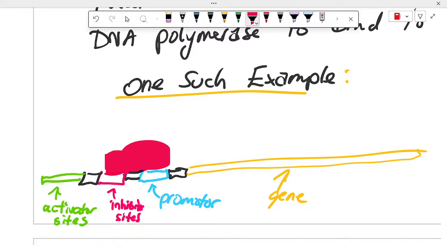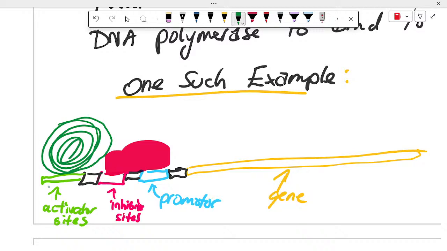And then that would eventually lead to a signal molecule getting released into the nucleus whose job is to bind to the activator. Maybe it's designed so that once it binds to the activator, it kicks out the inhibitor. And once that happens, RNA polymerase can bind, and then it would go.